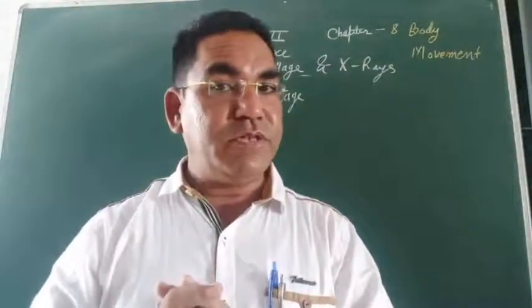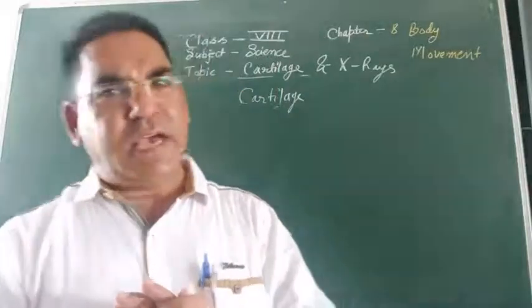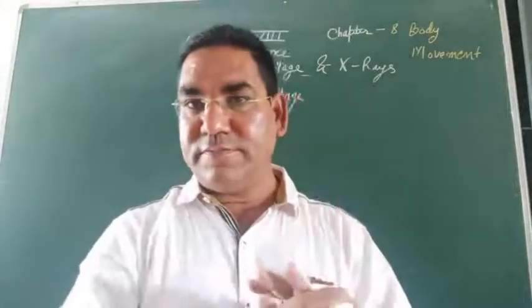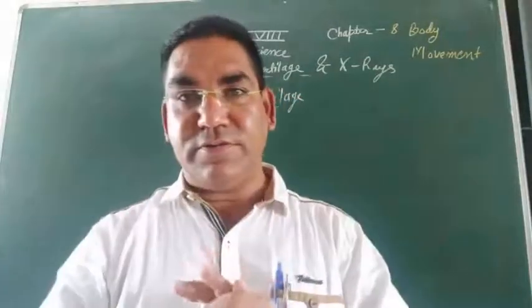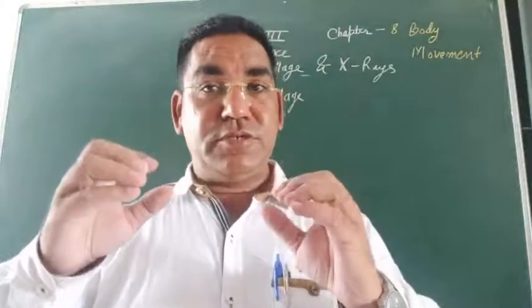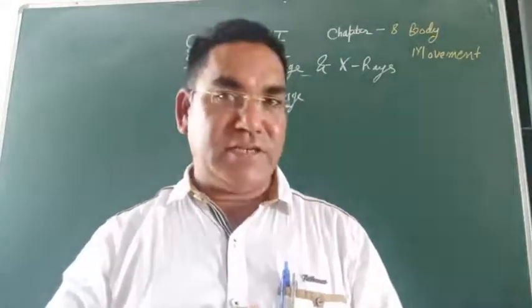Now look at one more point. How can we observe a fracture in a bone? During a fracture, the bones are broken. Which one does the doctor use? Doctors use X-rays.